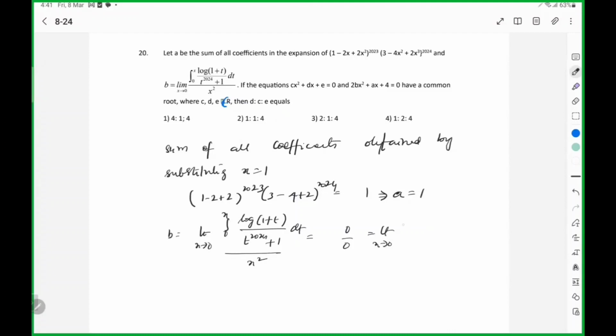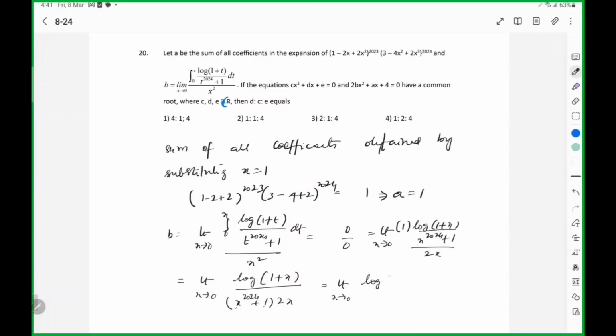Limit x tends to 0, derivative, plus 1 by, so limit x tends to 0, log of 1 plus x by x power 2020 plus 1 to x. Then we substitute 0, which is the same as log of 1 plus x by 2x because this approaches 1.